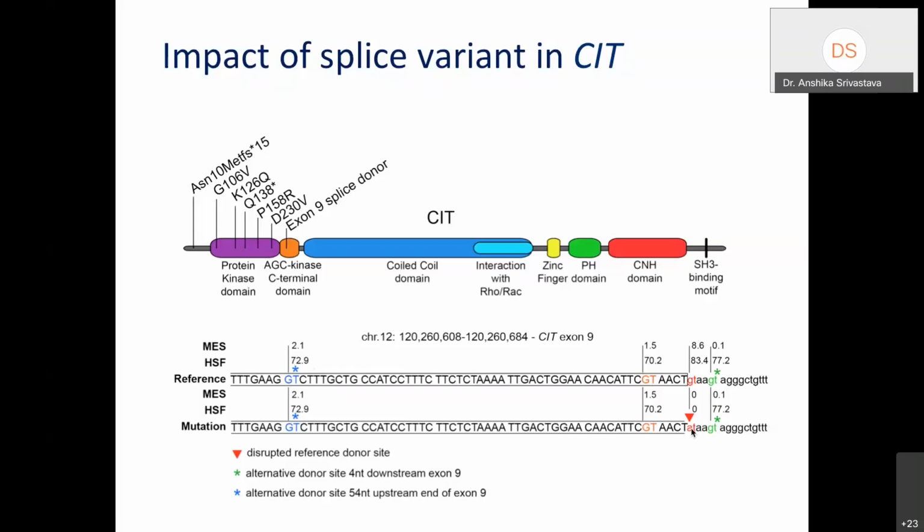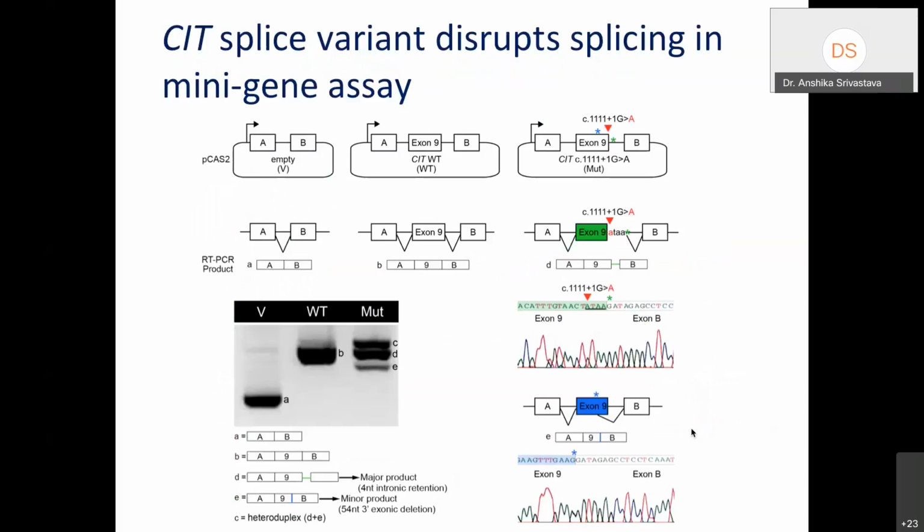We wanted to show how the splice variant disrupts splicing, so we used minigene assays. What we do in minigene assays is take an empty vector and amplify the region of interest, which in our case is citron kinase. Why is exon 9 taken? Because the splice variant was present close to the downstream end of exon 9.